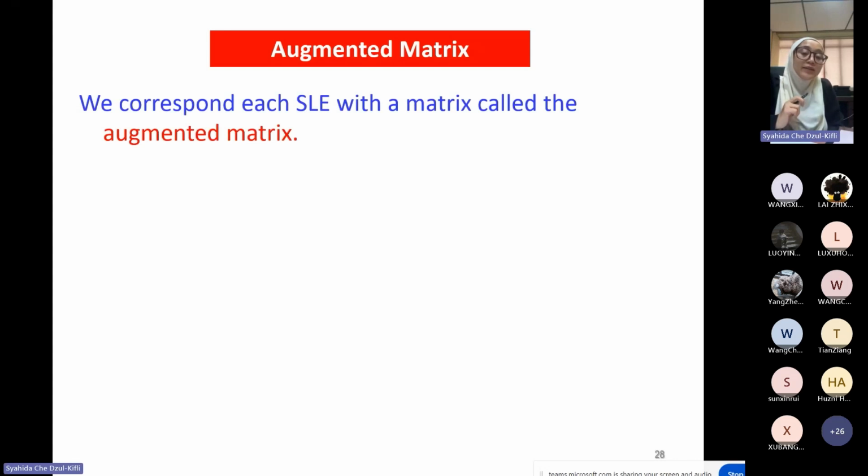Every system of linear equations has its augmented matrix. We correspond each system of linear equations with a matrix called the augmented matrix. How?